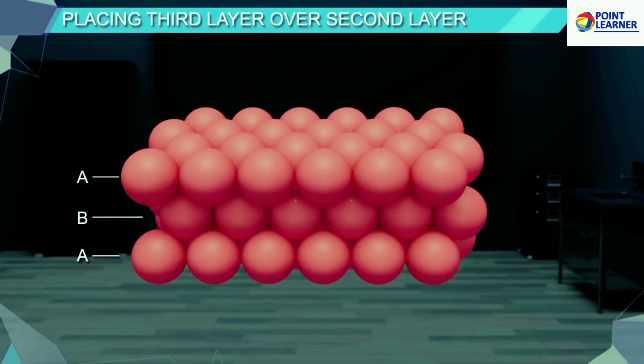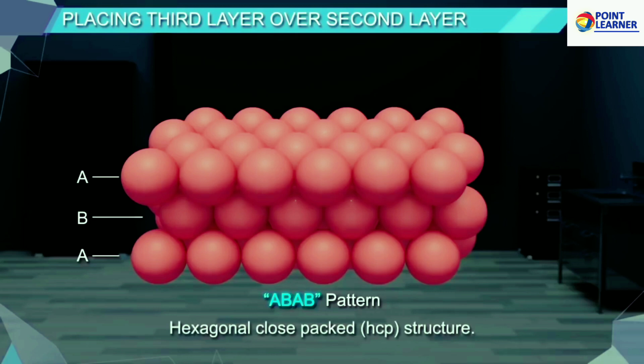As the pattern of spheres is repeated alternately in other layers, this pattern is known as the AB-AB pattern, and the structure formed is known as hexagonal close-packed, HCP, structure.